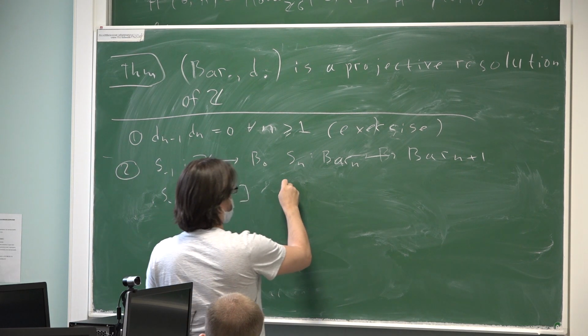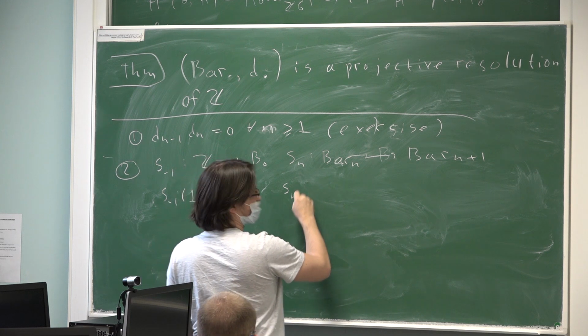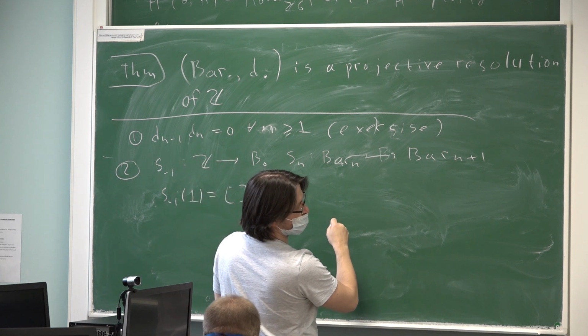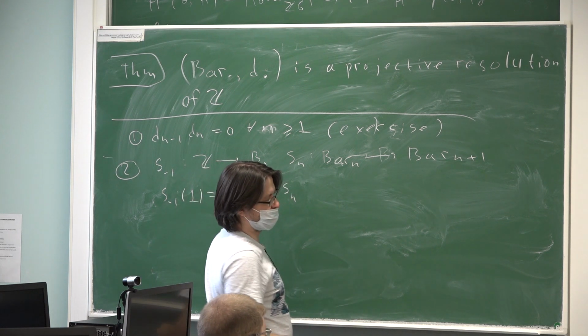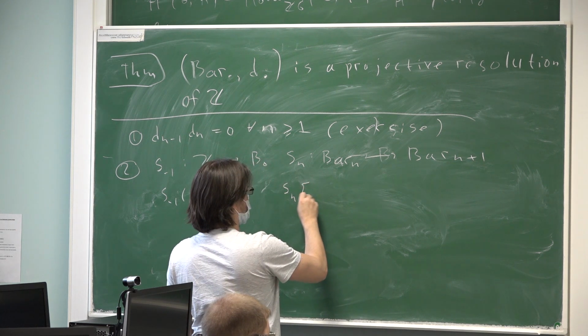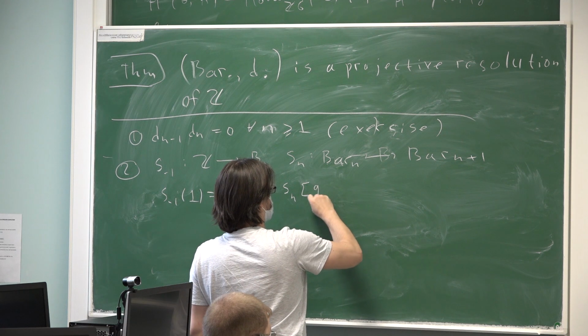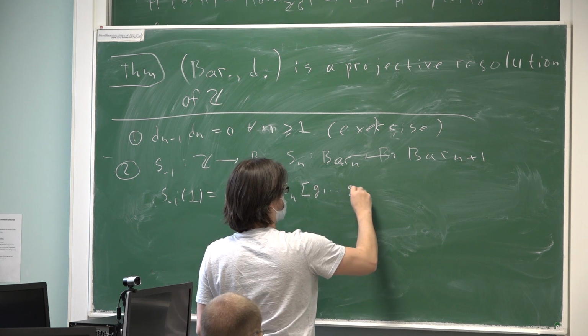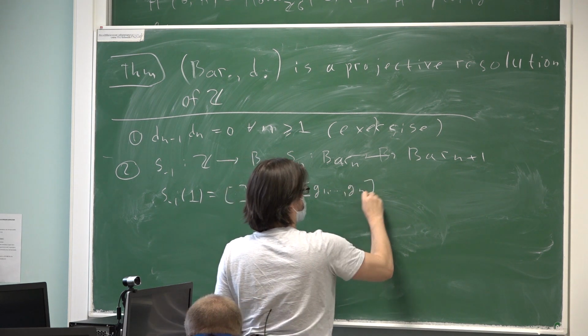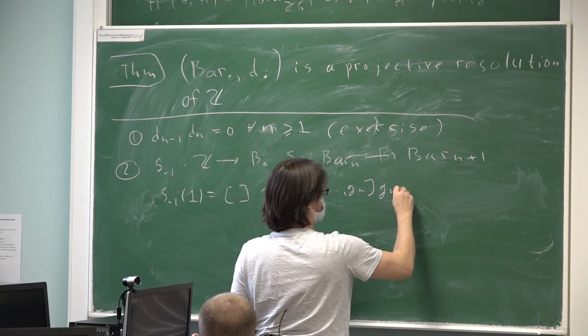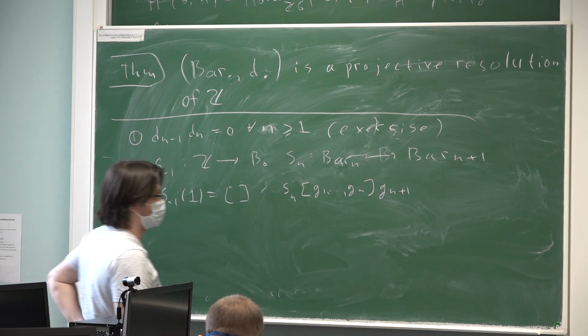And here s_n of, we need to define it on the Z basis. So the Z basis consists of elements of the form g1, ..., gn times g_{n+1}.